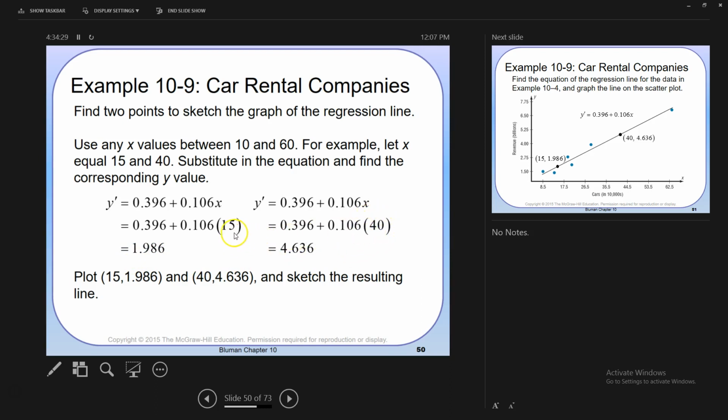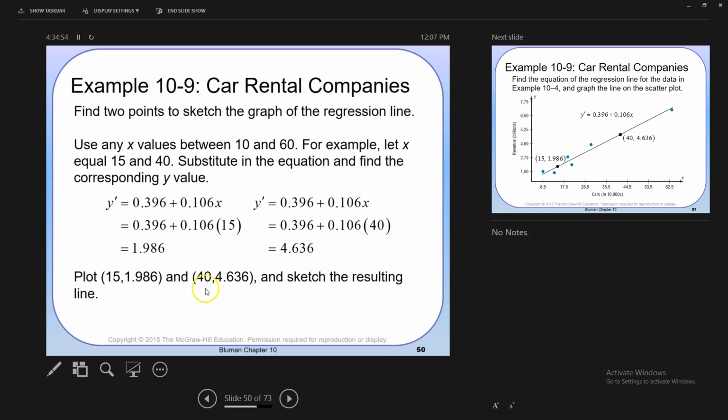Again, these are up to you. You should just pick some values that are in between the data values that were originally given. For instance, the lowest one was around 8 and the highest one was around 63. So you want to pick something that's between 8 and 63 to plug into your formula. So they've picked 15 and 40, and they've gotten these corresponding y values back.